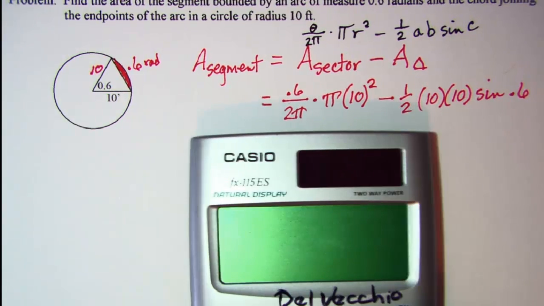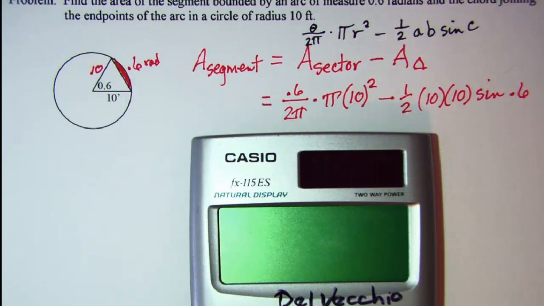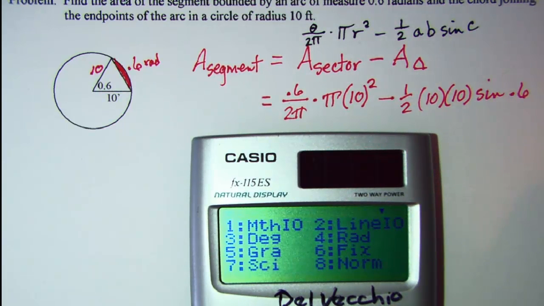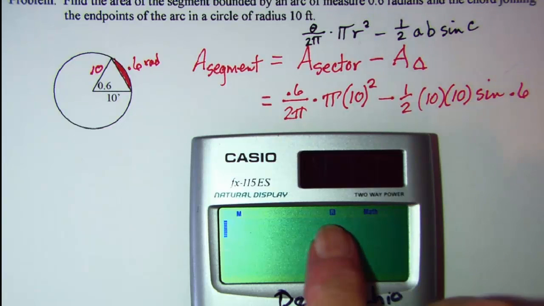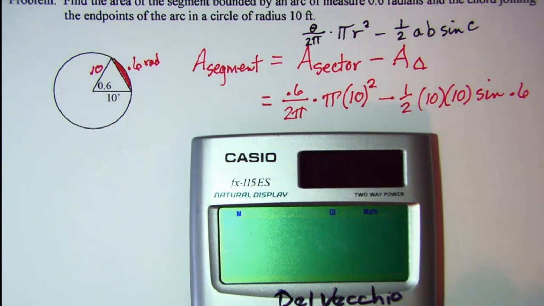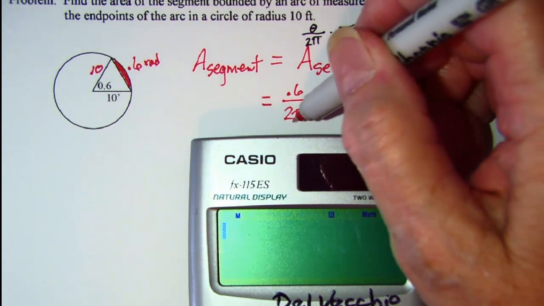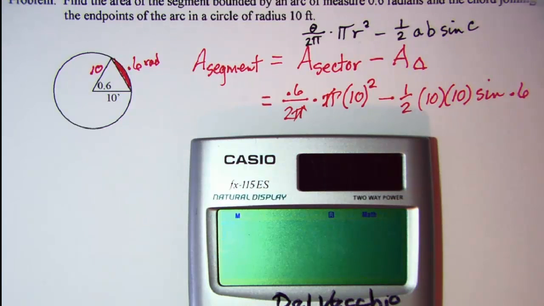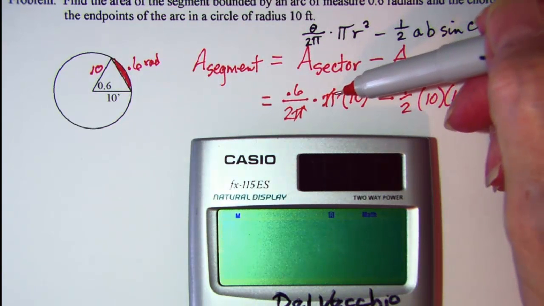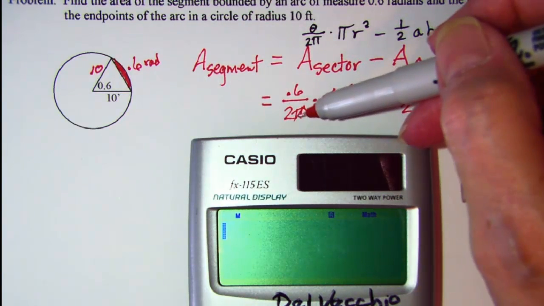Let's do that on our calculator. Now we're in degrees right now, so we need to change that to radians. Right, now I'm showing R, so my calculator's in radians. These pi's will cancel off, since this pi is in the numerator and this pi is in the denominator.